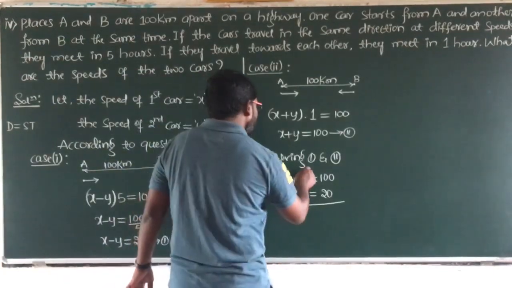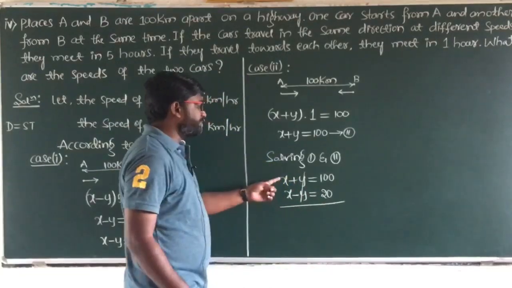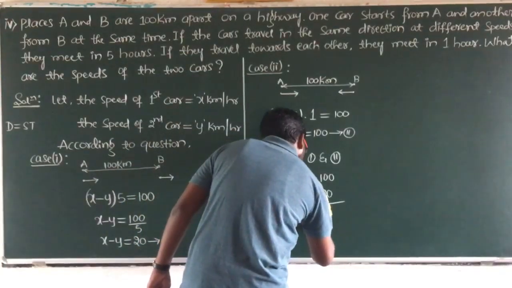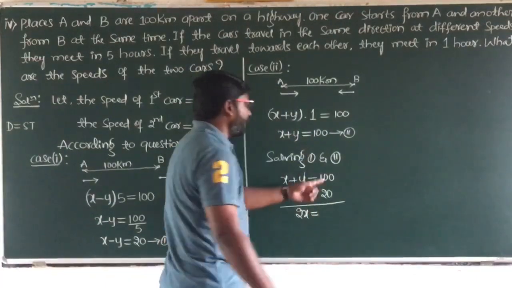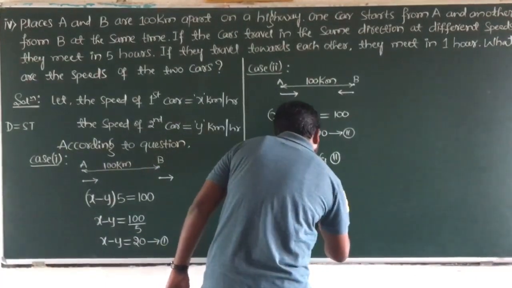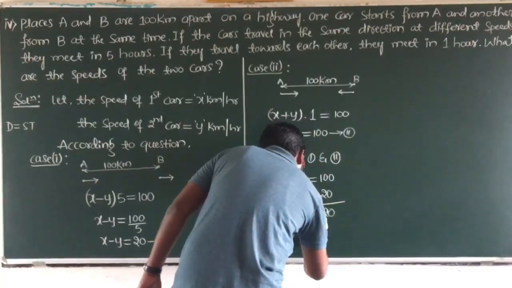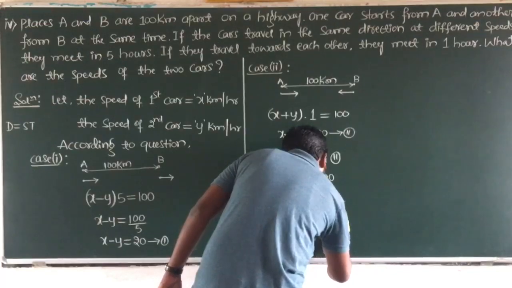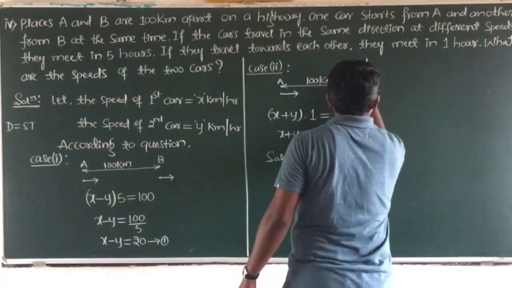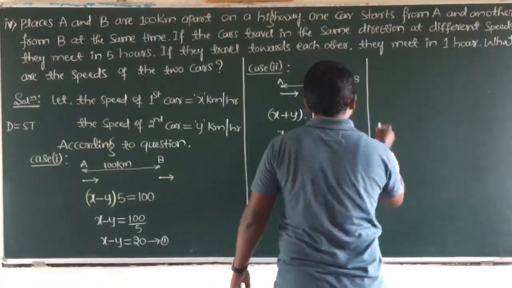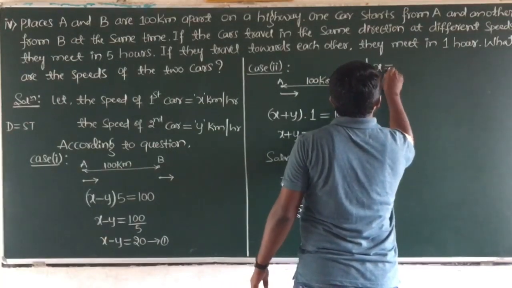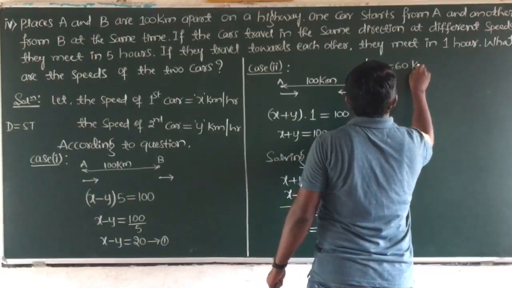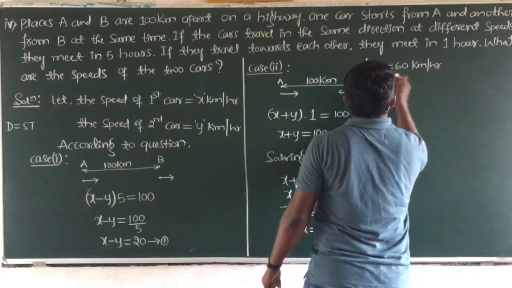Plus y and minus y cancel. x plus x will be 2x, which equals 100 plus 20, that is 120. So x equals 120 divided by 2. Therefore x equals 60 kilometer per hour.